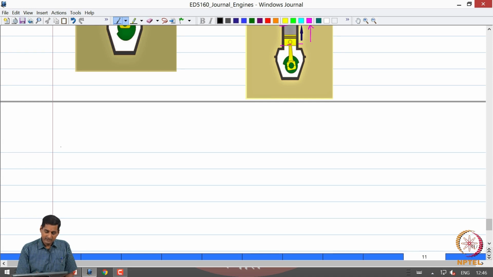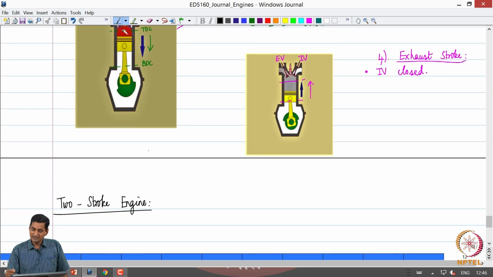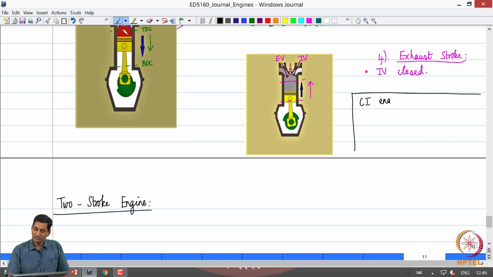Let me present a brief overview of a 2-stroke engine, and then we will see how it works. Let me just write down what I orally told about the strokes in the compression ignition engine. The first difference is the presence of a fuel injector, no spark plug.